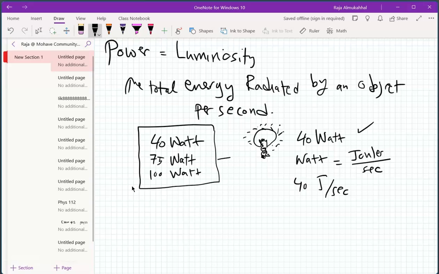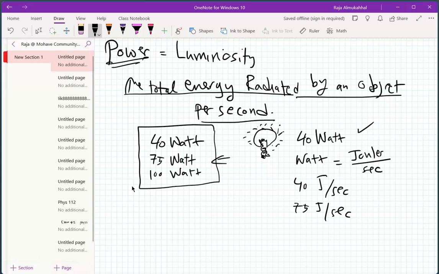So if you have a 75-watt light bulb, for example, it's giving off 75 joules of energy every second, and so on. The larger the amount of energy per second, the larger the wattage, or the higher the power. So going back to the word power here, the total energy radiated by a light bulb, say an object, every second. Of course, we've taken the course in astronomy. When we talk about an object here, we're talking about stars.